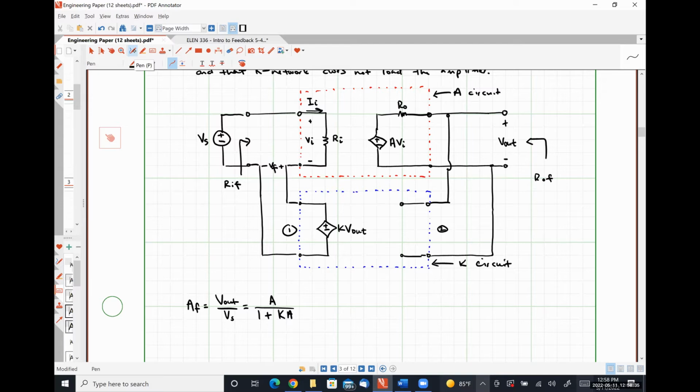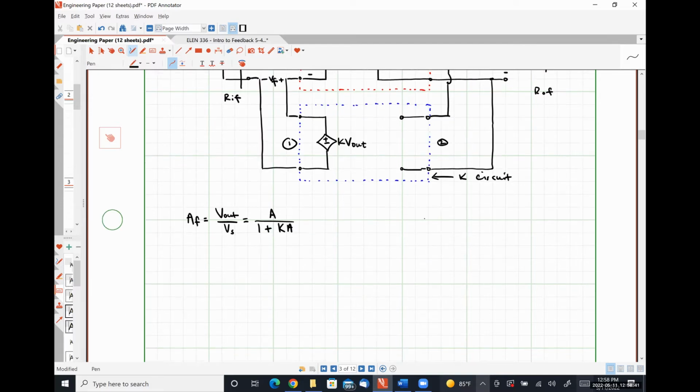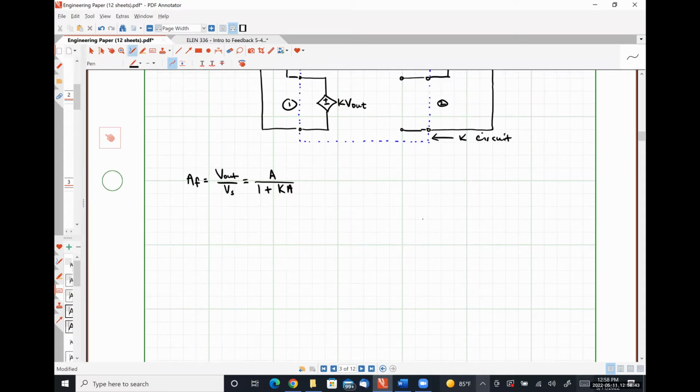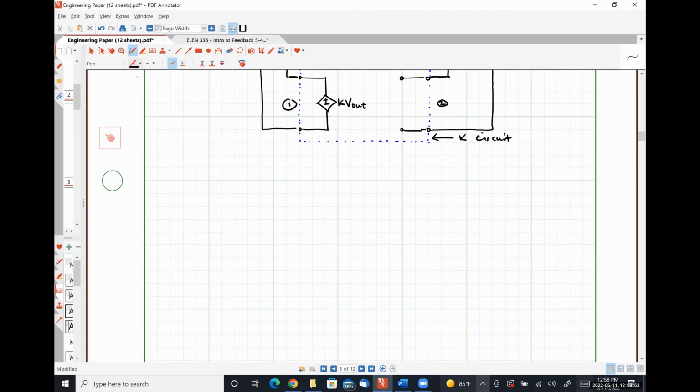So our equivalent circuit is going to look something like this. I'm going to do this in purple because it's going to be a blended version.